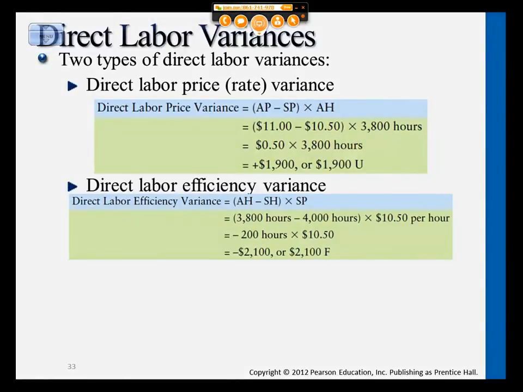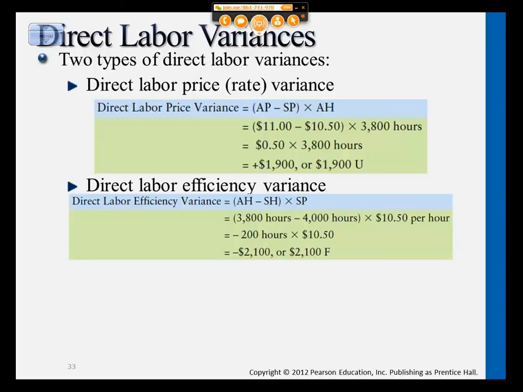Direct labor price variance and direct labor efficiency variance are the two types of direct labor variance. We calculate our direct labor price variance as the difference between the actual price and standard price multiplied by the actual hours.